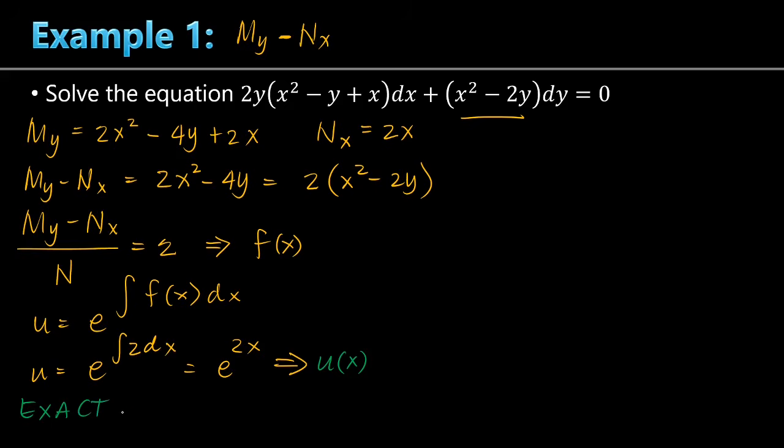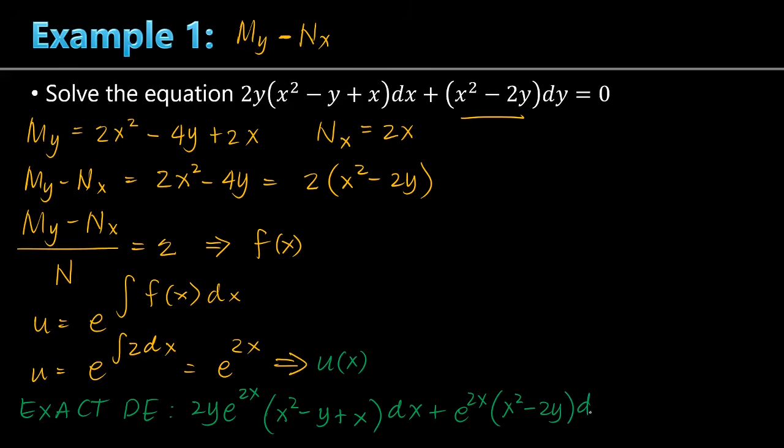The exact DE is now, eto, multiply ko lang, 2y times e raised to 2x times x squared minus y plus x dx plus, ito din, imumultiply ko rin siya na integrating factor na e raised to 2x. So, e raised to 2x times x squared minus 2y dy equals 0.